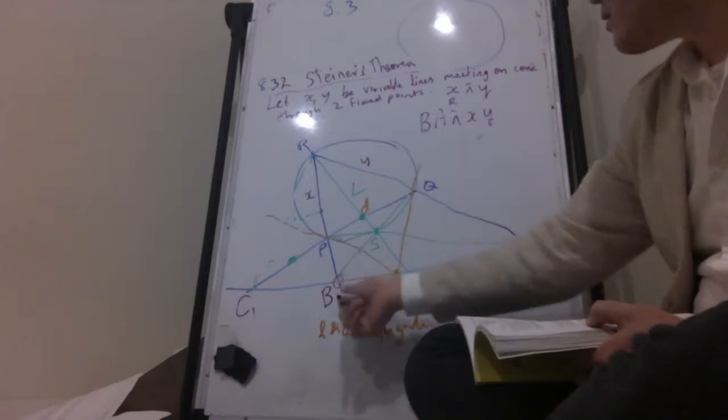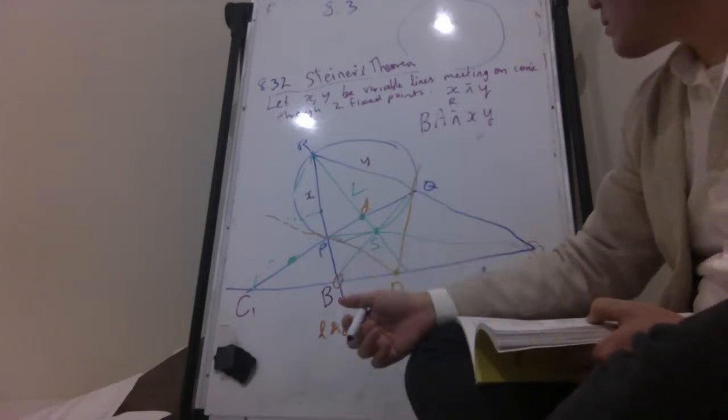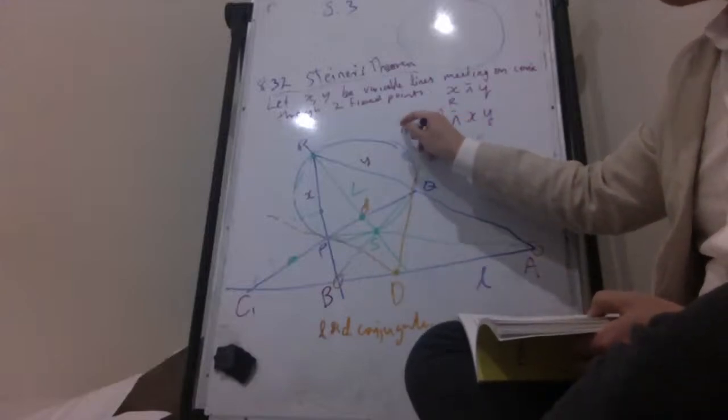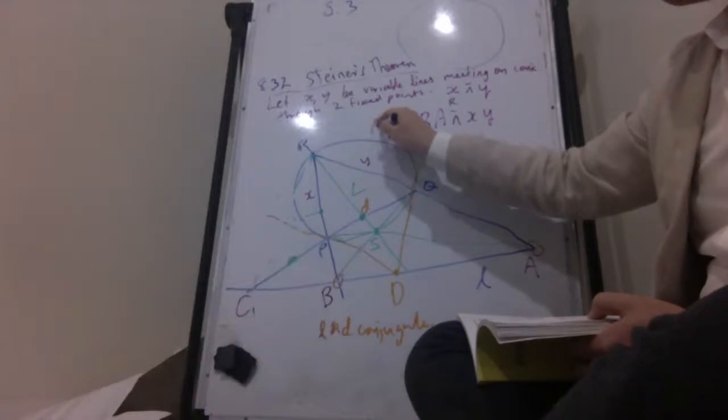But B and A are involved in an involution with each other, so you can think of that as AB.